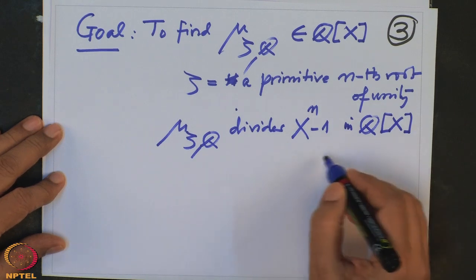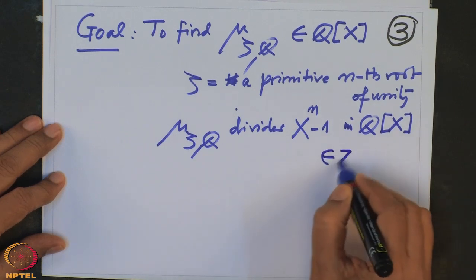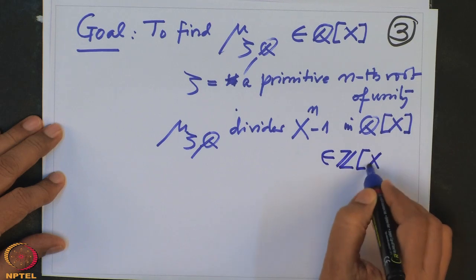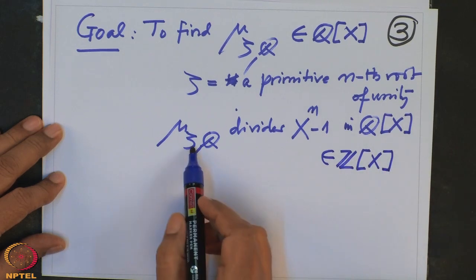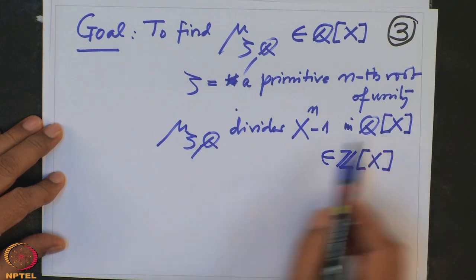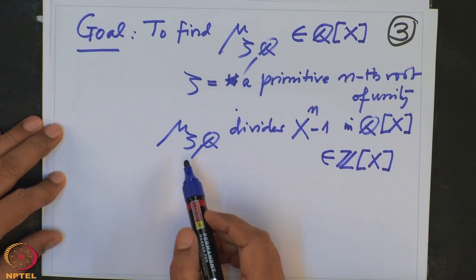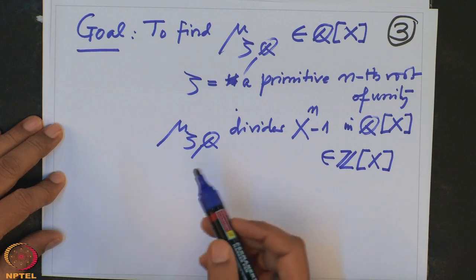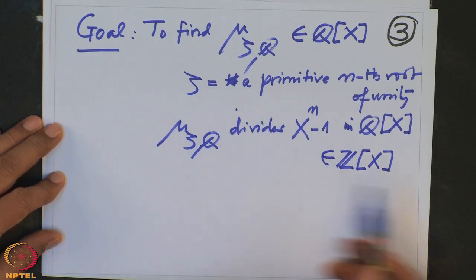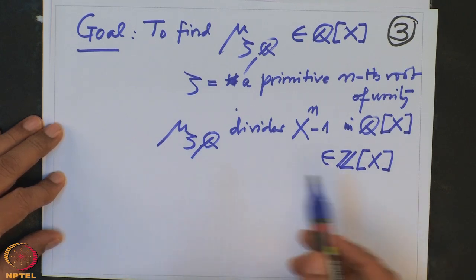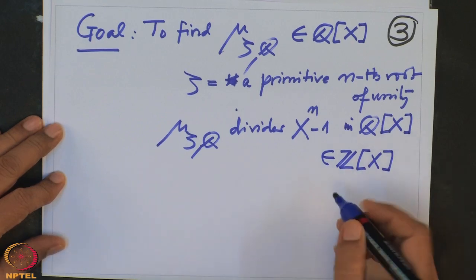This is actually also a polynomial in Z[x]. And this is an irreducible polynomial over Q, therefore it is irreducible over Z also, because it is monic. Monic polynomials being irreducible over Q and irreducible over Z are the same. That was also Gauss's theorem.